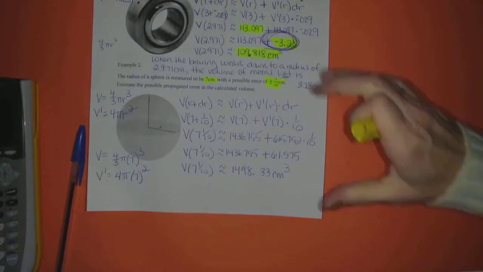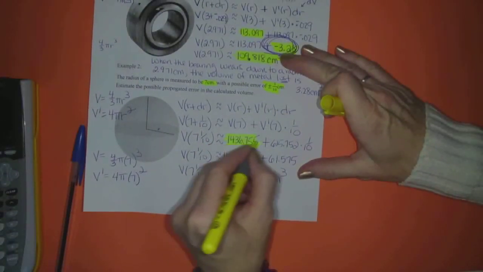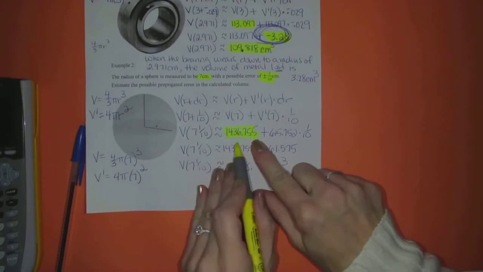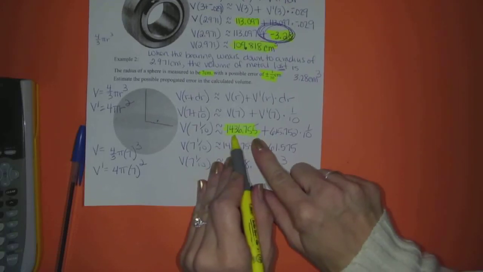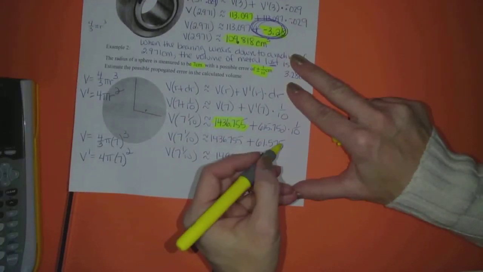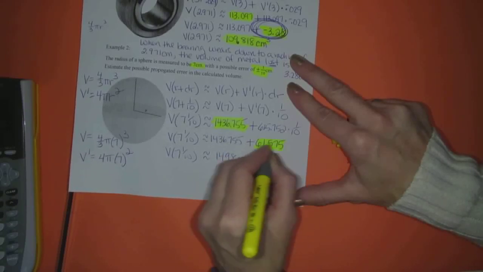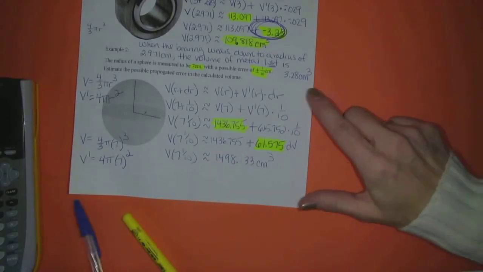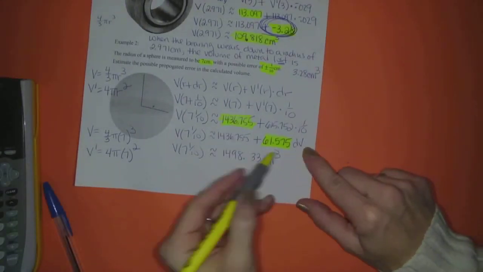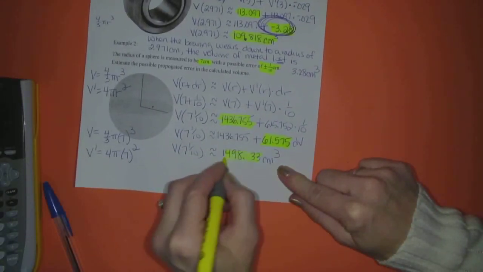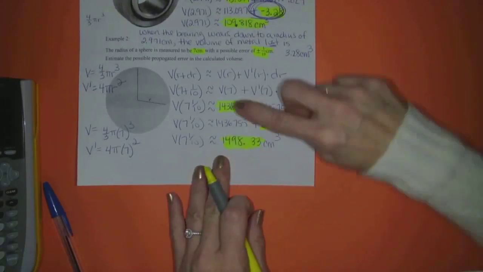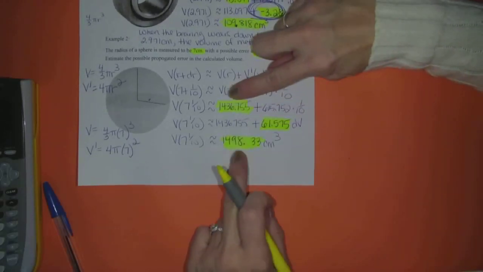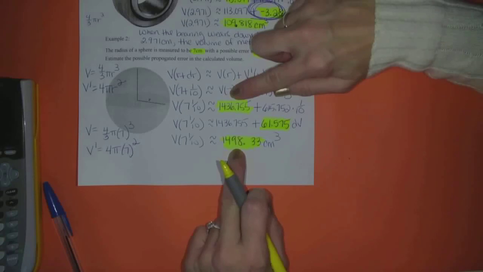Now let's interpret. You ready? This is the volume at 7. Volume of a sphere with a radius of 7. We increase the radius, which creates a change in volume. This is my dV. And when I change by that much in my volume, my new volume is estimated to be higher than what it was, which makes sense.